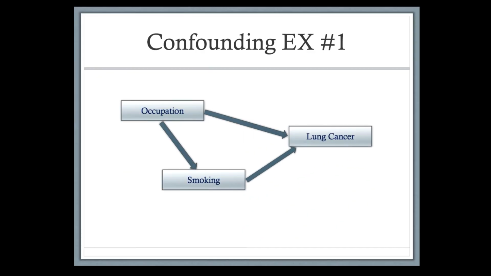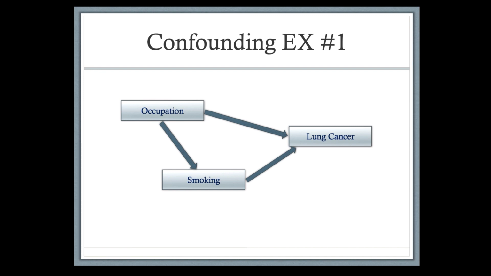The first example is where our question of interest is what effect does smoking have on someone's risk of lung cancer? Now, there may be another variable like occupation. What occupation does someone do? And this may be a confounder. If this variable is a confounder, what that means is occupation has an effect on lung cancer.